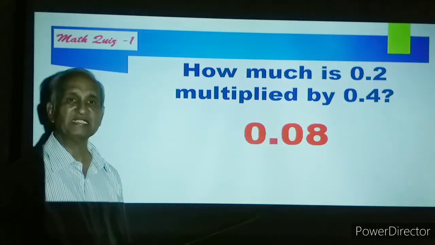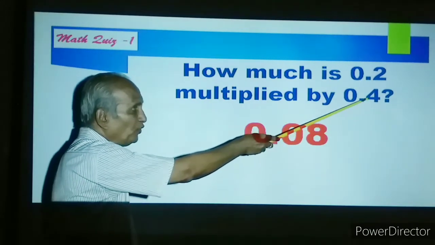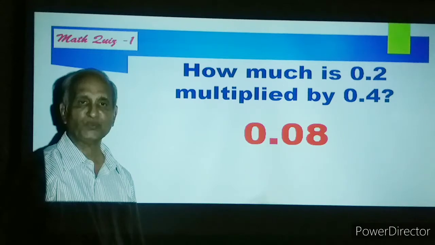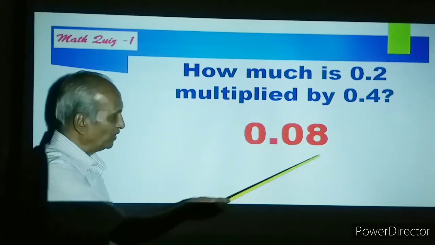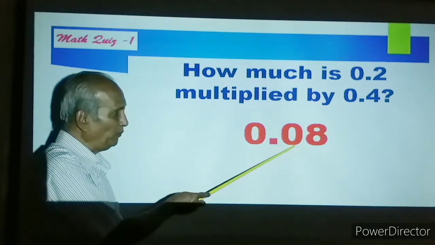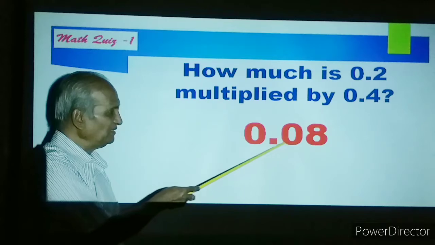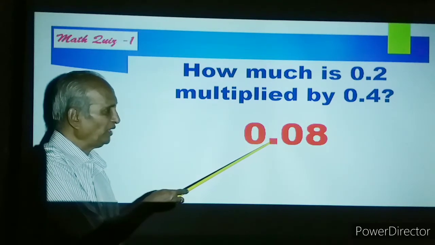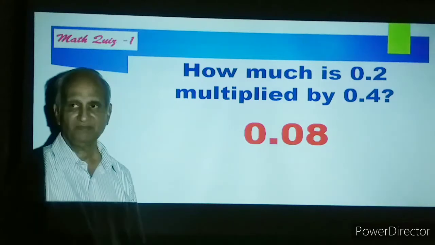Now, how many decimal places should be there? In 0.2 you have one place, in 0.4 you have one more place. 1 plus 1, 2 decimal places the answer should have. So 8 is one place, add one more 0 to make room for 2 decimal places, then you apply the point. So the answer is 0.08.